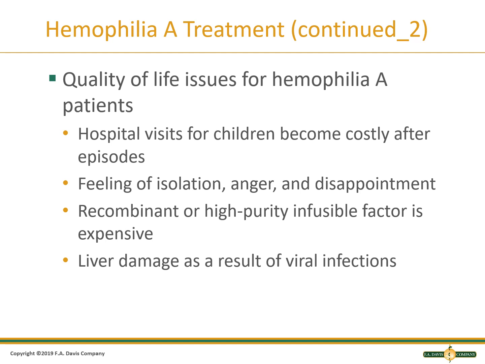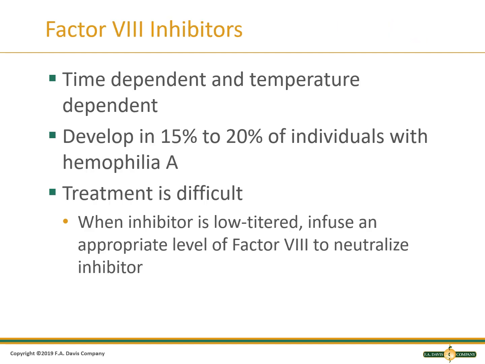And due to the hemophilia, there can often be viral infections that are missed within the patient, and therefore it can lead to liver damage that the patient may not be aware of until the damage has already occurred. For patients with hemophilia A, they may develop factor VIII inhibitors.